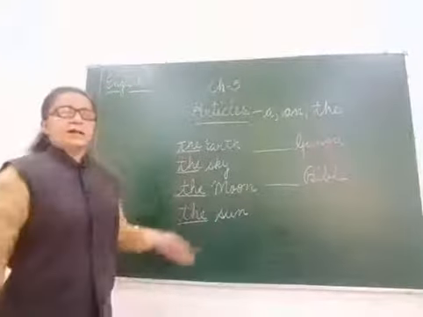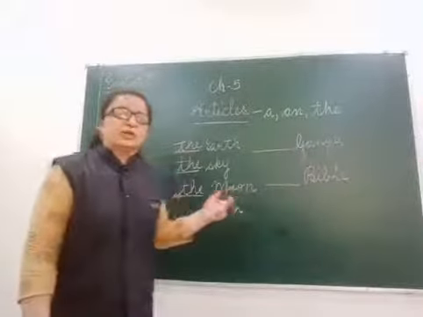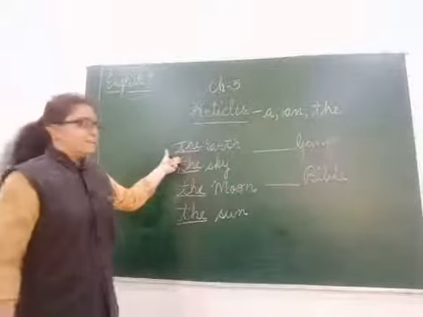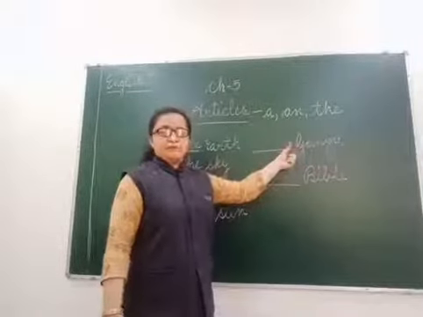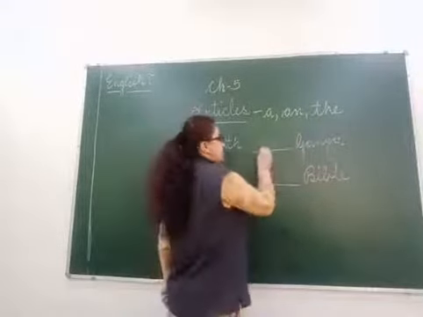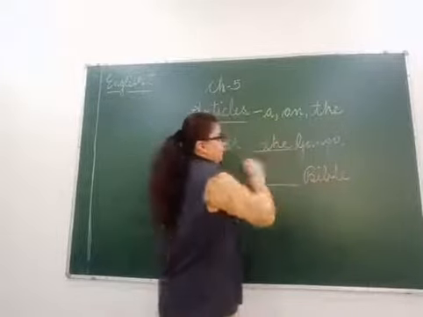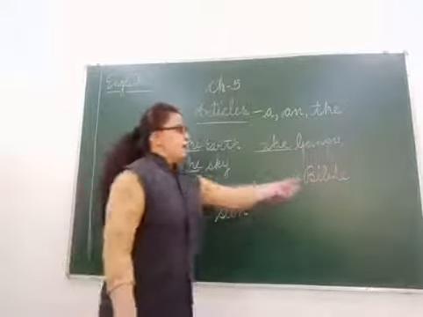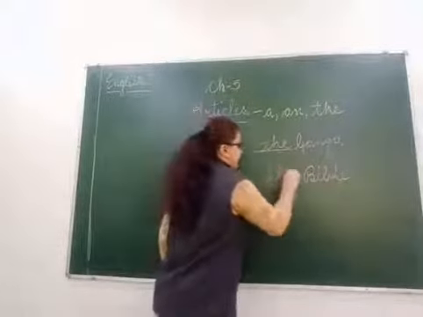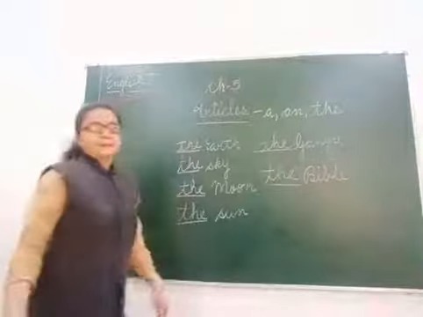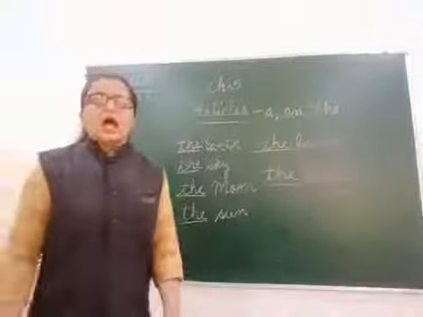Yes, they all are universal things, so we use the with them. Again here I have written an example, a name of the river. So what you will use here? The Ganga. Yes, Bible, it is a holy book. So what we will write? The Bible. Is it clear, children?